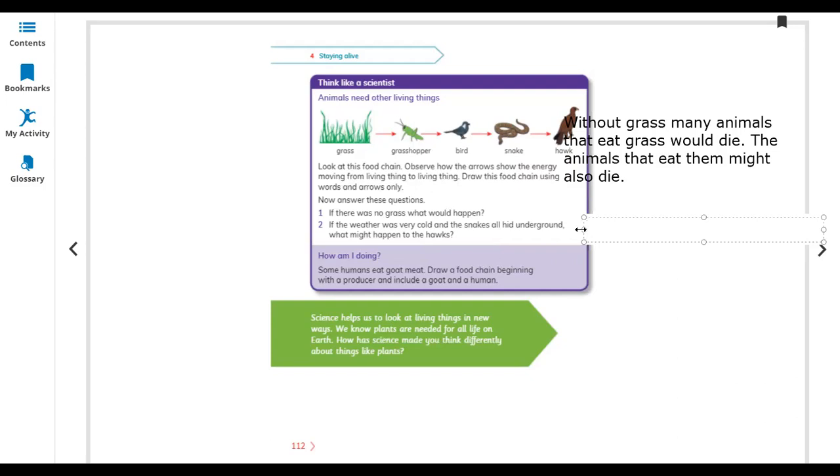If there are fewer animals, it will die. So many hawks might die.